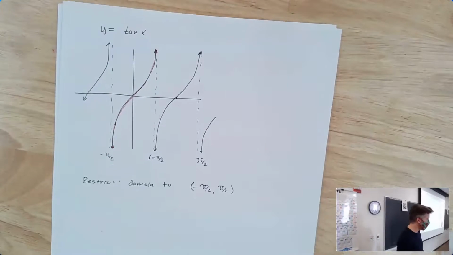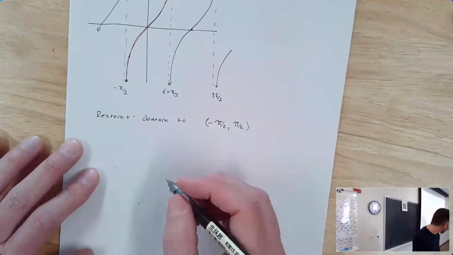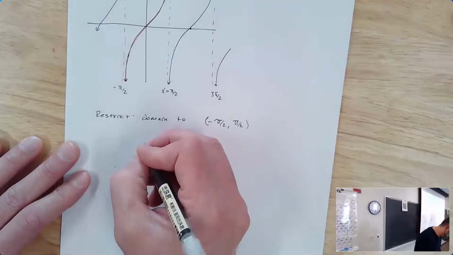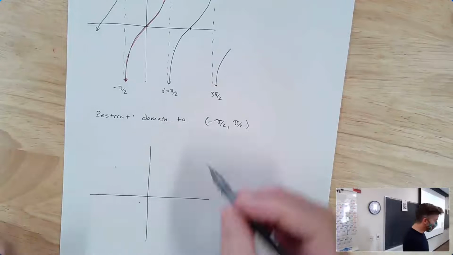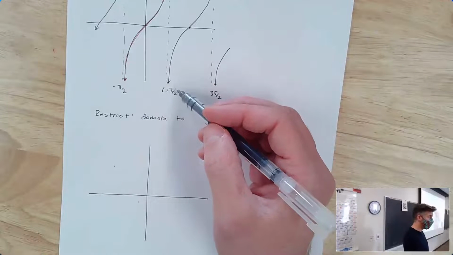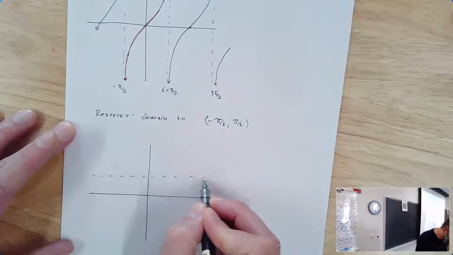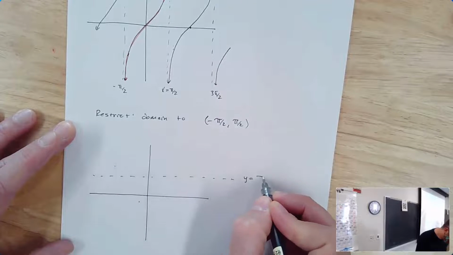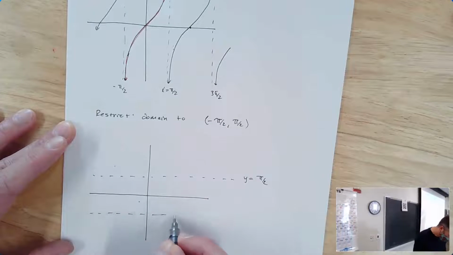So that's the tangent function, and we're going to invert that. So when you invert something that has asymptotes, those asymptotes also invert. Meaning instead of x equal to pi/2 as a vertical asymptote, we're going to get y equal to pi/2 as a horizontal asymptote. And we're also going to get y equal to -pi/2 as a horizontal asymptote.